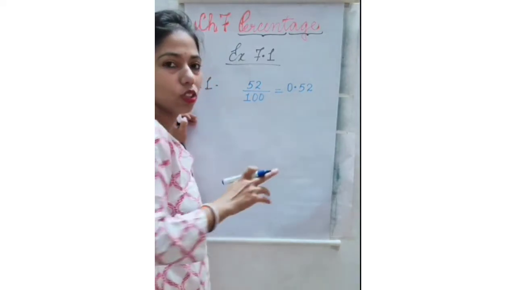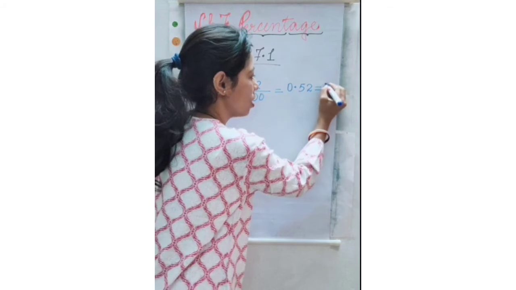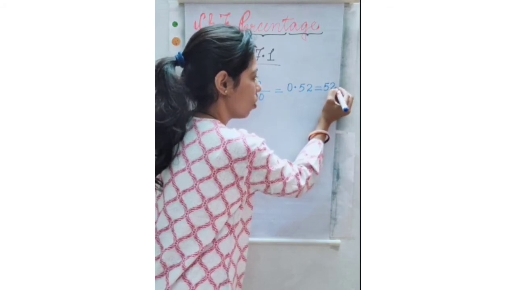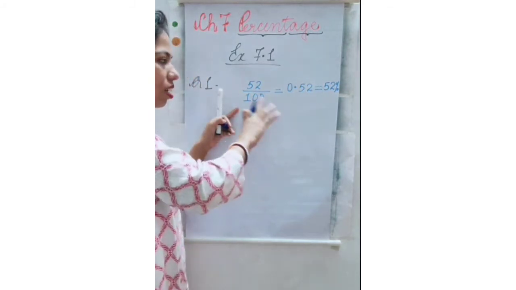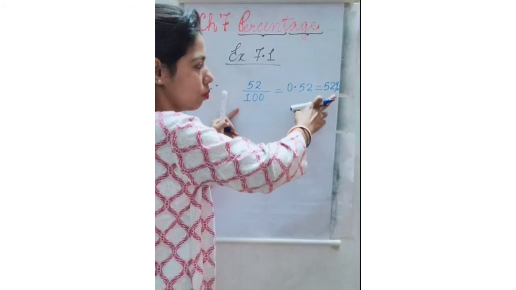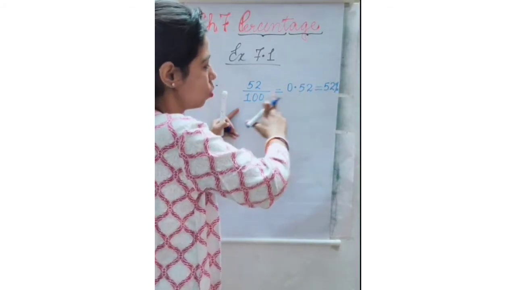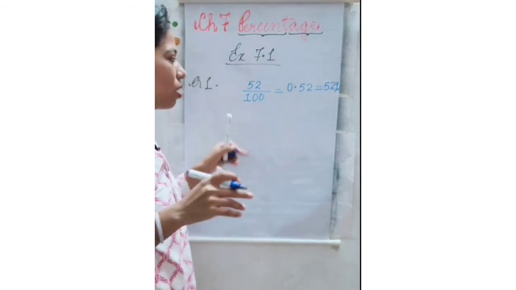So 0.52. After that we have to write it as percent. As I explained earlier, if any number is in the form of a fraction and the denominator is 100, we can write it in the form of percentage. So this 52 by 100 can be written as 52%.